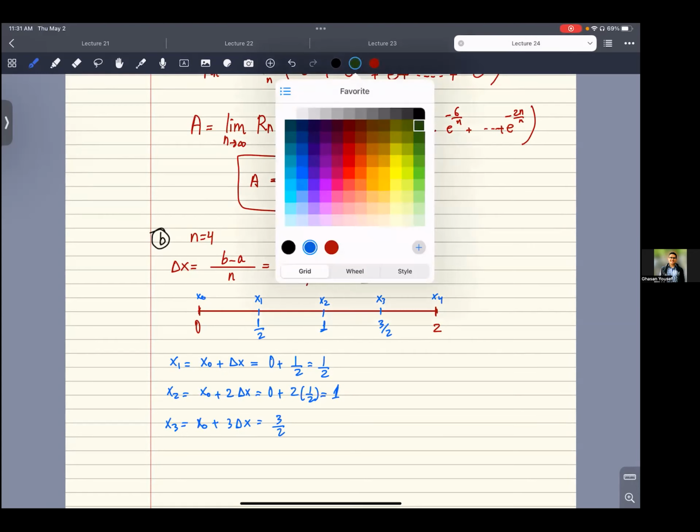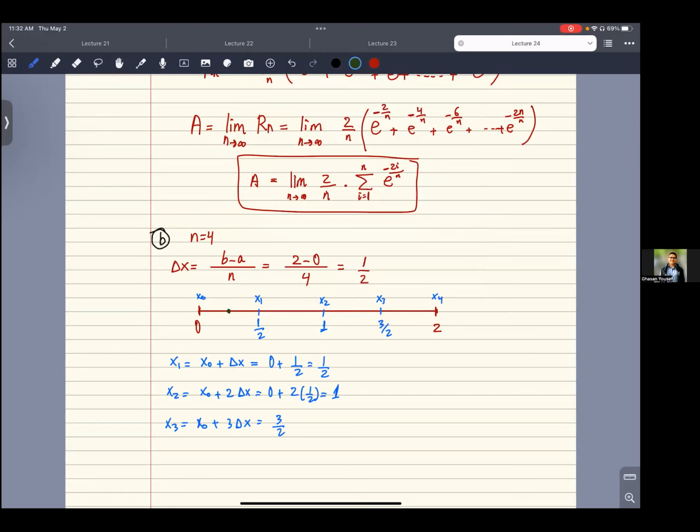Okay, now they ask for the midpoint. What is the midpoint for each interval? It's here, and here, and here, and here. I call these points x1 star, x2 star, x3 star, x4 star. What's the midpoint of the first one?